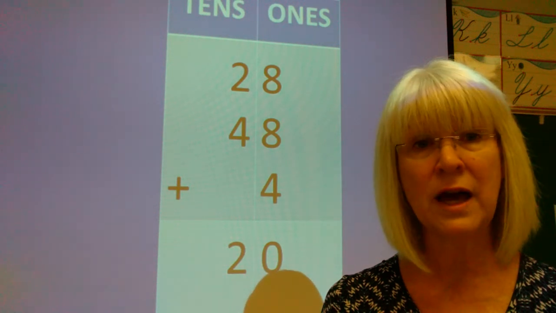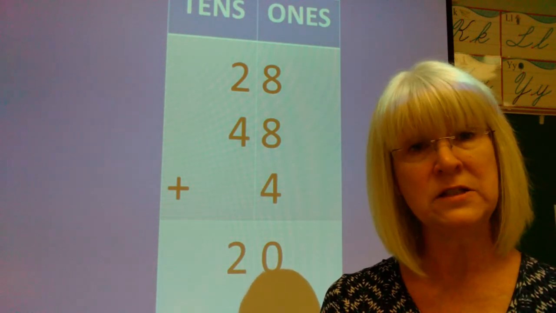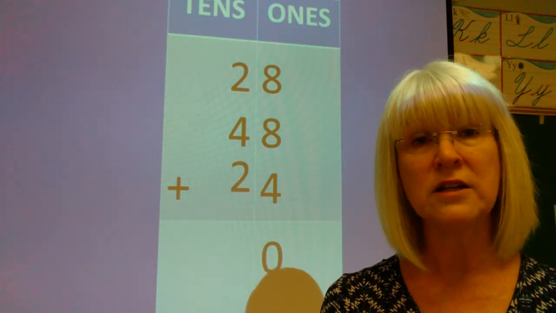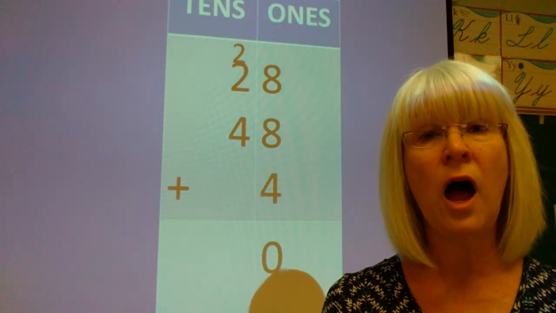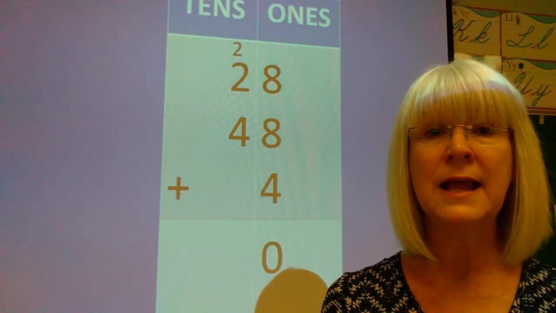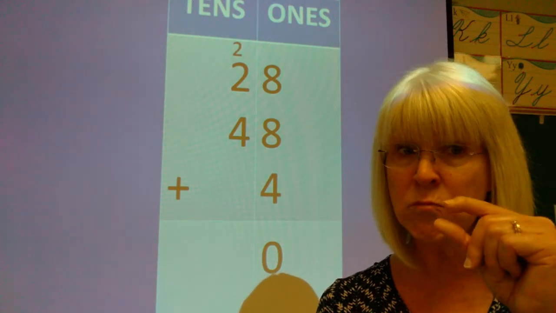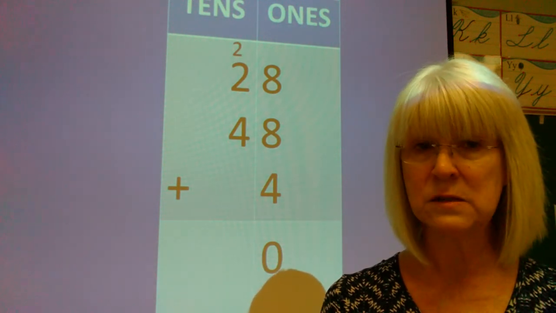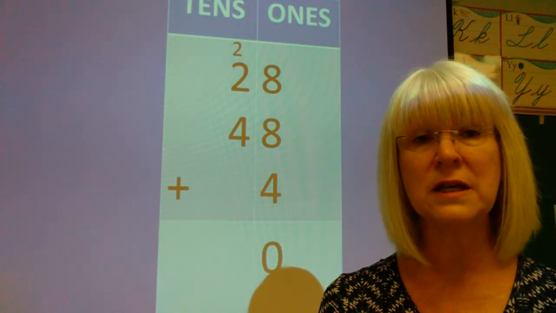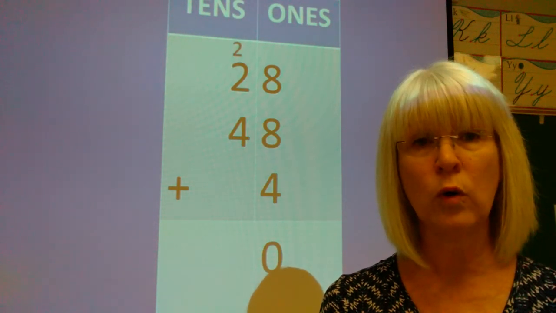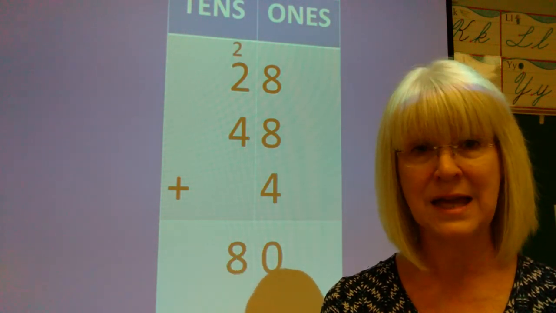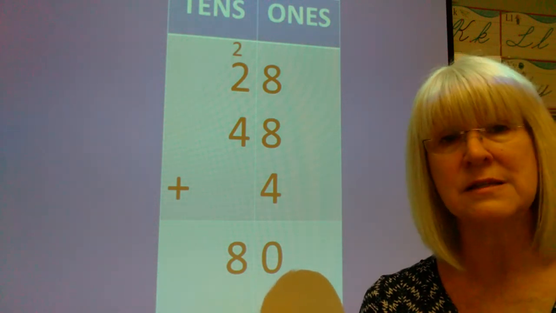No, because then we will not have added in the tens above it. So we've got to put it up on top. There we go. Now we put it how? Small. That's our sign that it's been carried. So we're going to have 2 plus 2 is 4, plus 4 more is what? 8. So our answer is 80.